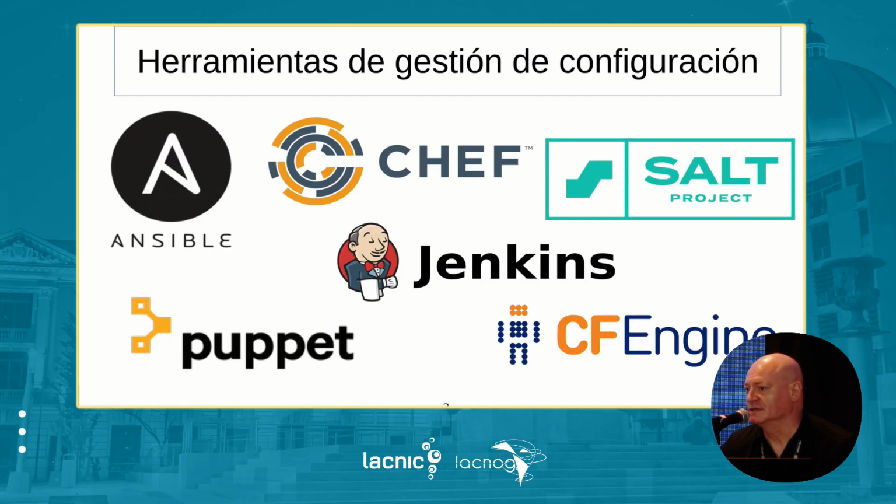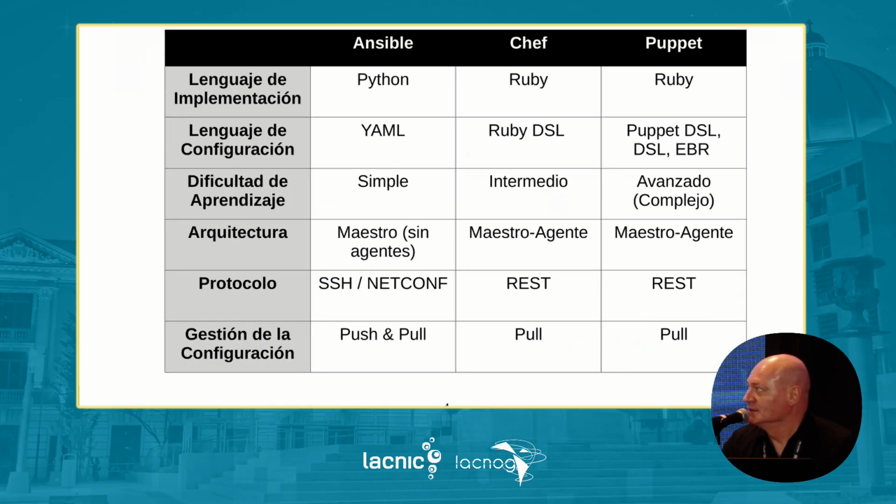There are many configuration management tools. These are some of the most well-known ones. After these, even more arose. We have Ansible, Chef, Jenkins, Puppet, CFEngine, which was one of the first ones. And we also have Salt. And more recently, others have appeared that can also be used.